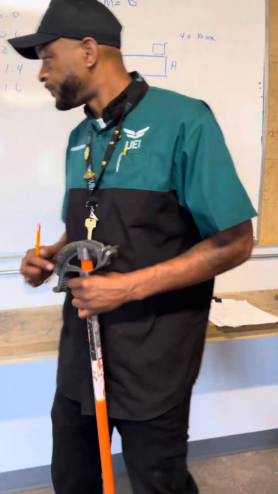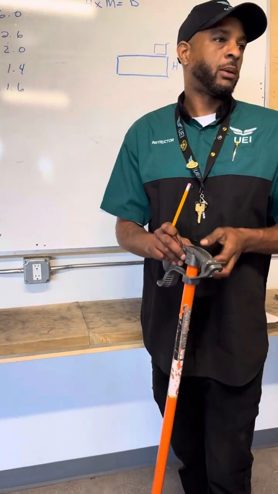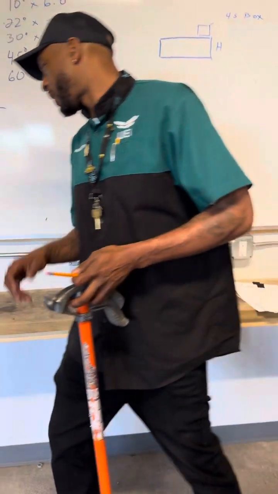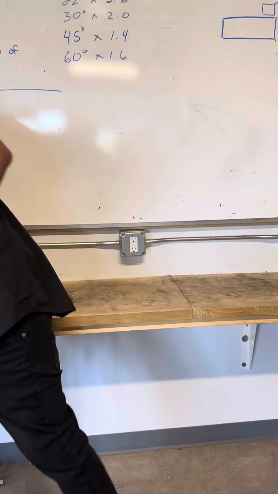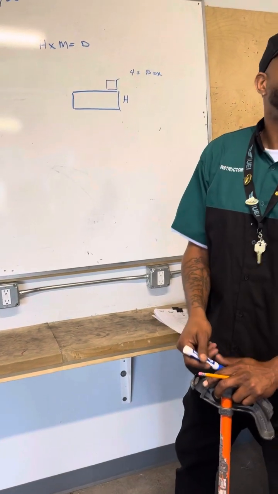So for instance, if we want to use this hand bender and do a 30 degree offset, I'm going to do the math on the board first. That's a 30 degree offset. The height of my brick, I'm just going to give it 8 inches.